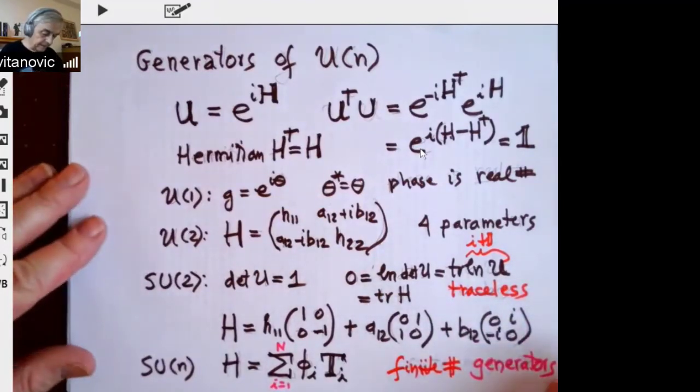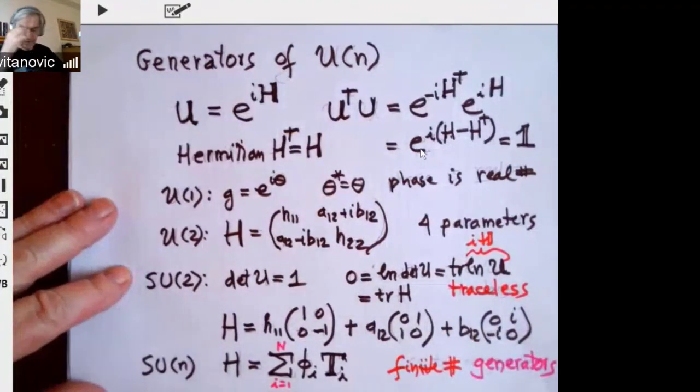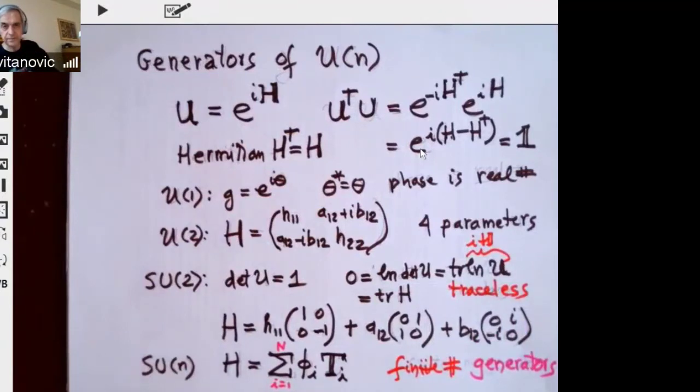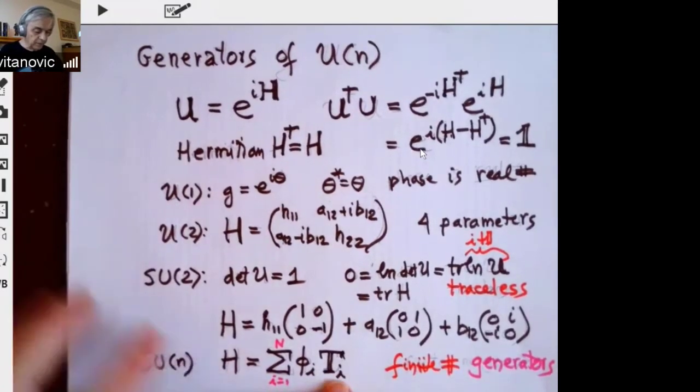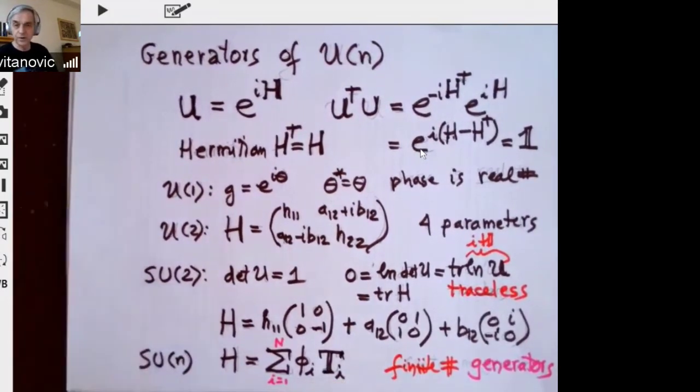And the only idea that you have to differentiate between finite groups and continuous groups is that for finite groups, you look at the algebra, the multiplication table of the elements. But it turns out that for continuous groups, you have to look at the composition laws of the generators.